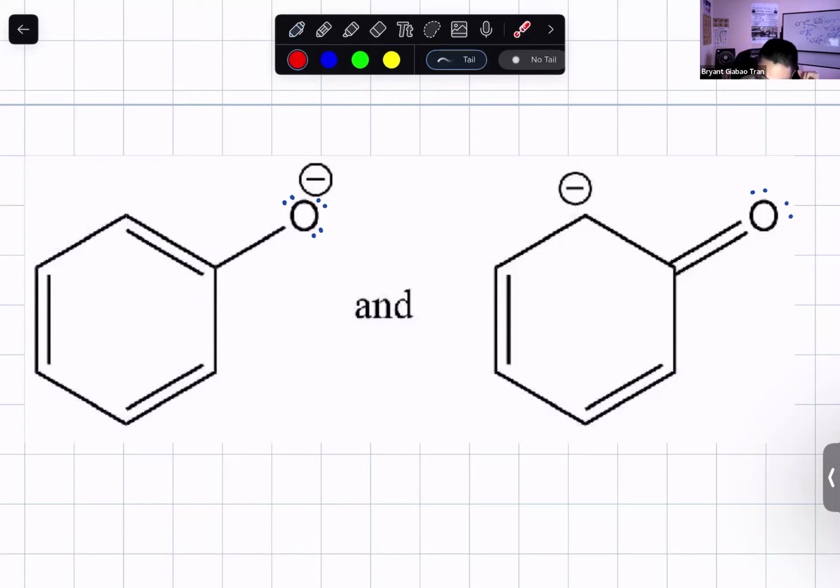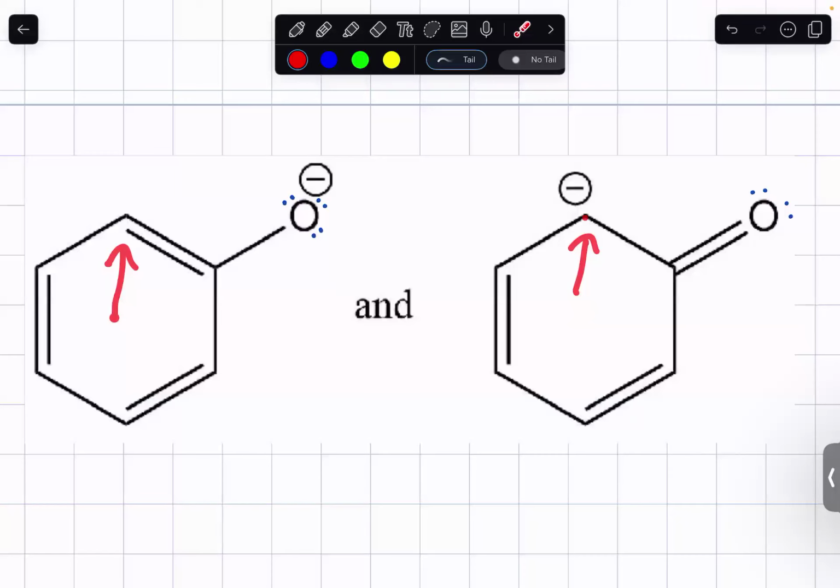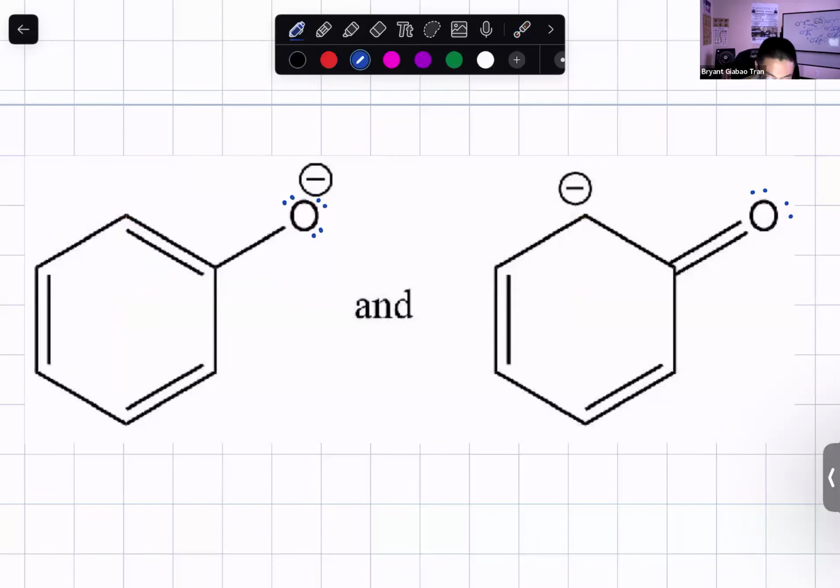Now, what about this carbon here with a negative charge? Before we figure that out, do you know how many invisible hydrogens are on this carbon right here? To figure that out, look at this carbon right here, on the arrow. 1? Yes, one invisible hydrogen. So I'm going to draw that out to make it clearer. That one invisible hydrogen is going to stay there.